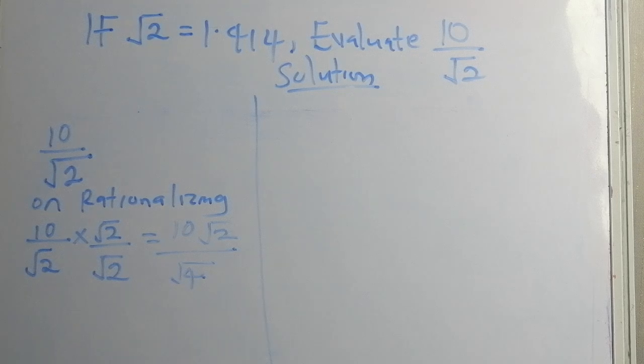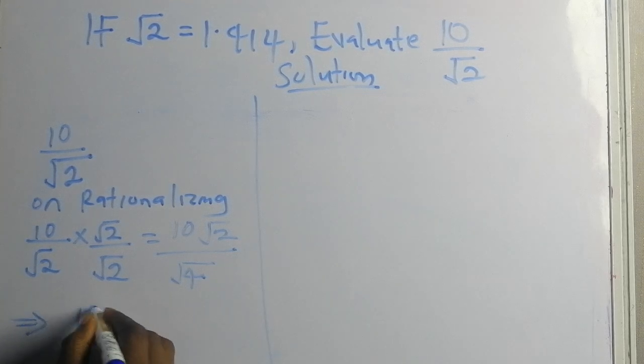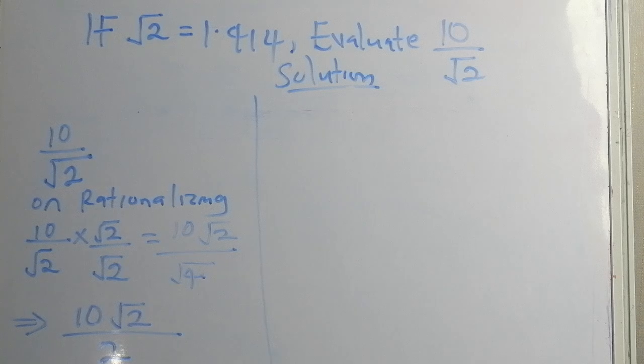You understand now? So what's the square root of 4 here? The square root of 4 is 2. So I can now say 10 root 2 over 2. You can see it, 10 root 2 over 2, square root of 4 is 2.